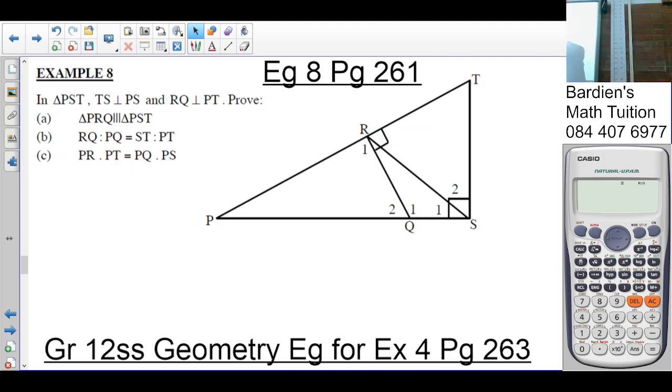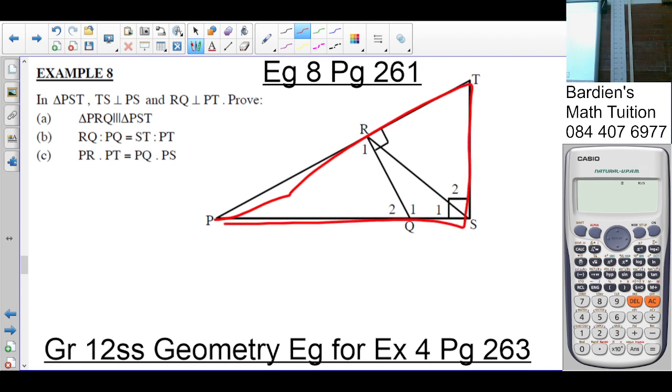In example 8 we are told in triangle PST, which is the big triangle here, that ST is perpendicular to PS, which means that angle is 90, and RQ is perpendicular to PT. The question says we are required to prove that triangle PRQ is similar to triangle PST.